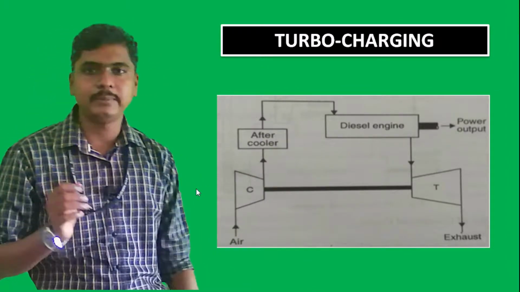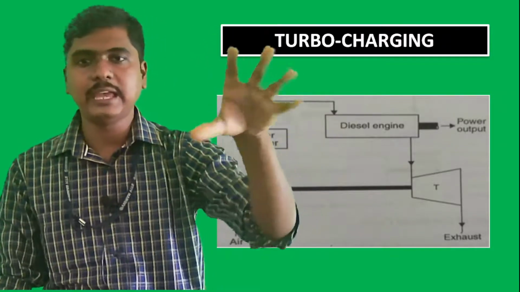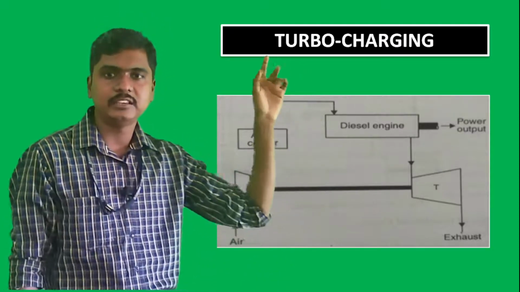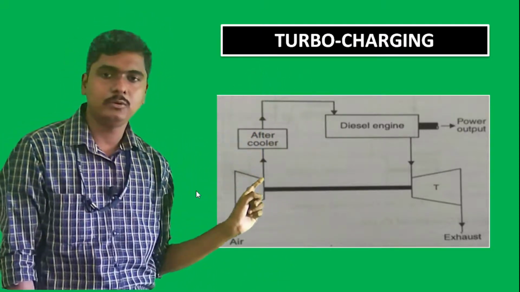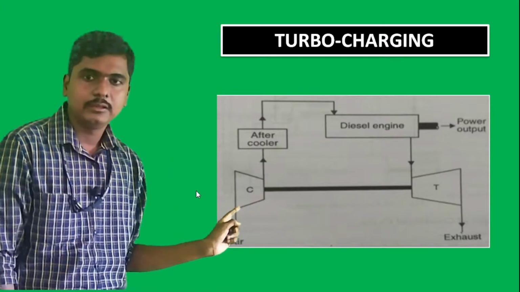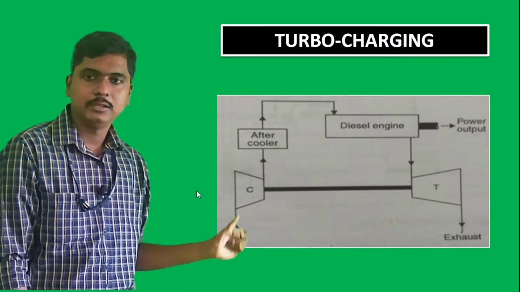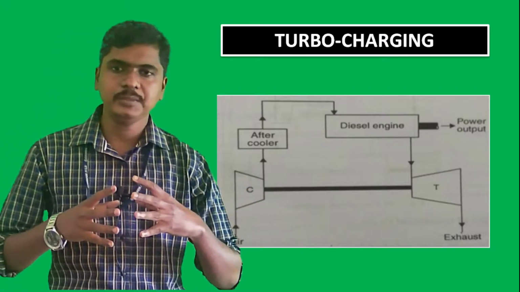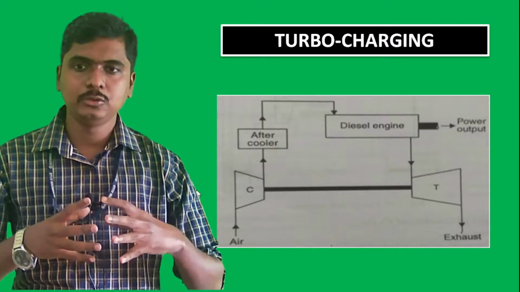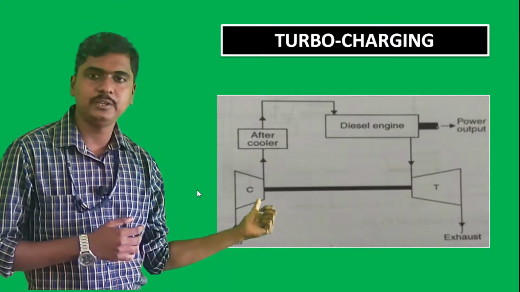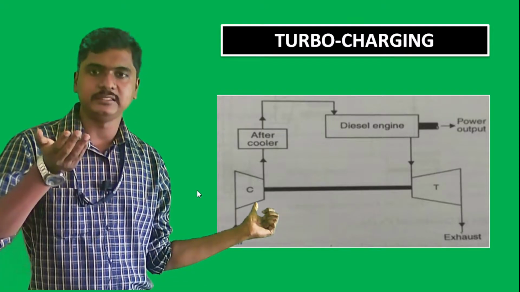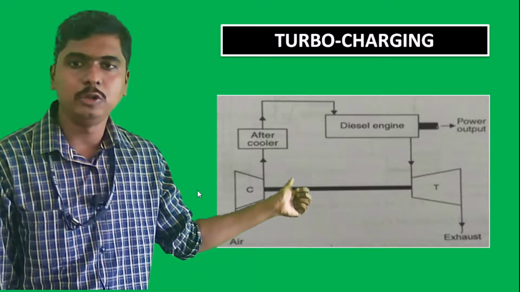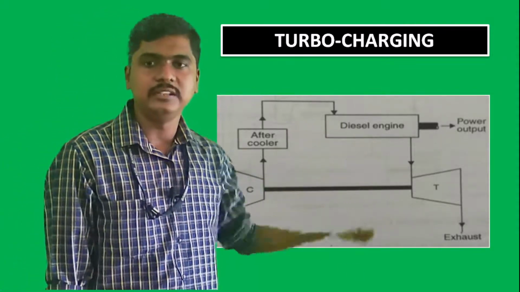Okay, so normally in a diesel engine, we supply the air and fuel mixture directly, but instead, in case of turbocharging, first a compressor will be there, it will draw in the atmospheric air and compress it. So the pressure and temperature of the atmospheric air will increase. After that, the compressed, higher pressure and temperature air is supplied to the diesel engine.